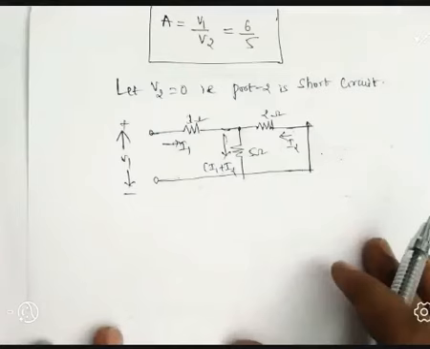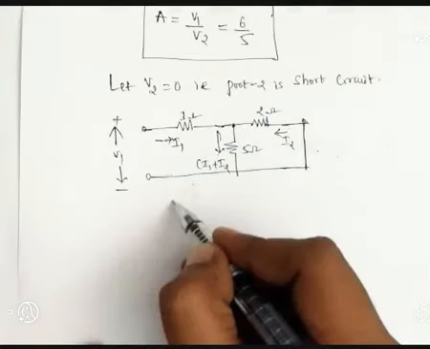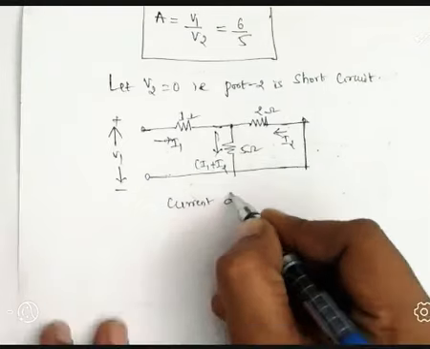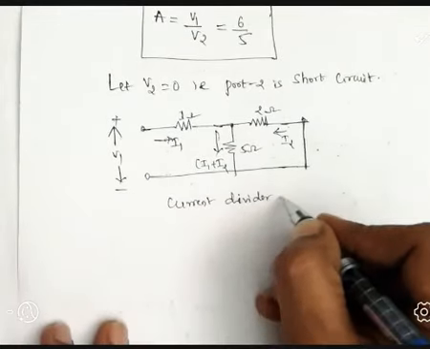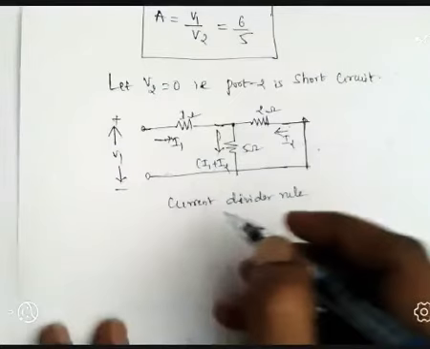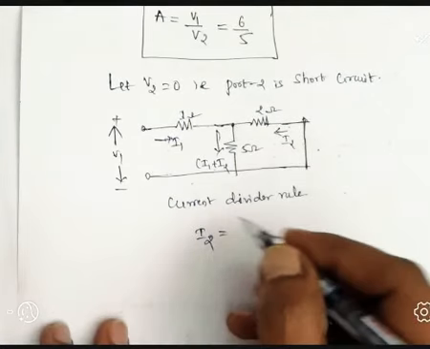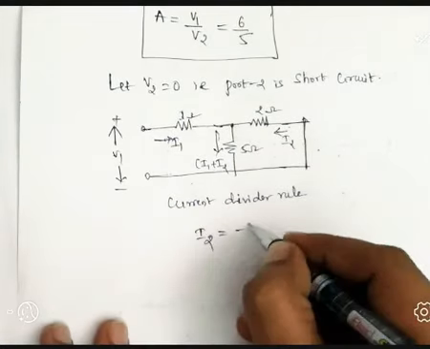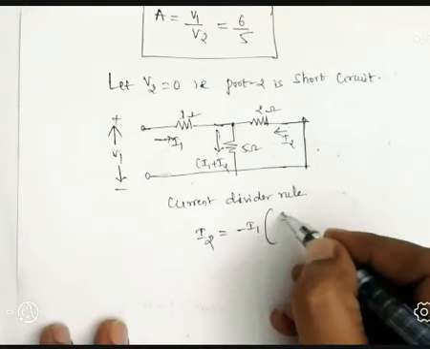Now from the current divider rule, what we are writing? The current I2 is equal to opposite current minus I1 times 5 divided by 2 plus 5.